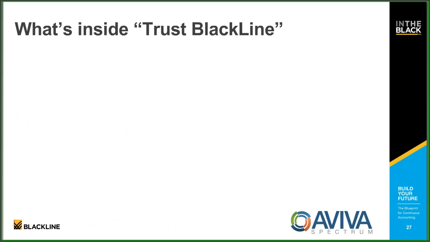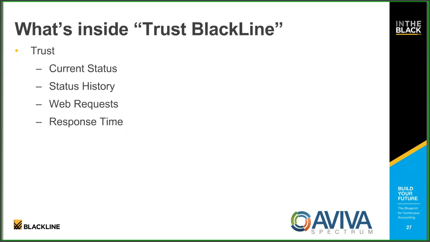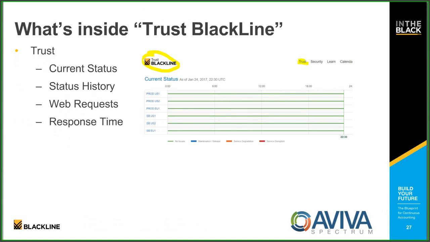And for those of you, when we were talking through the resources out there, check out trust.blackline.com for the new system information, as well as the community for the new users. And understand how the BlackLine customer service department can help your users as well.